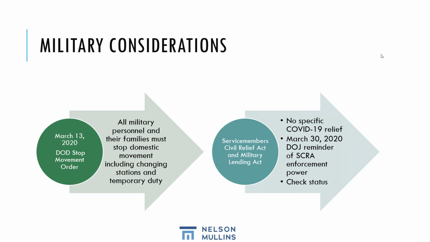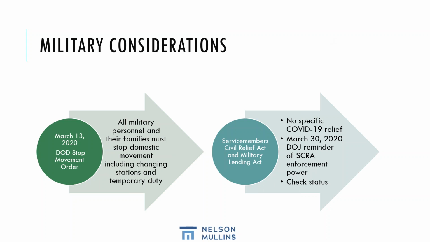The Department of Justice issued an announcement a few weeks later on March 30th that discusses the stop movement order and its effect on military families, and also reminds the world that the Department of Justice has authority to enforce the Service Member Civil Relief Act.